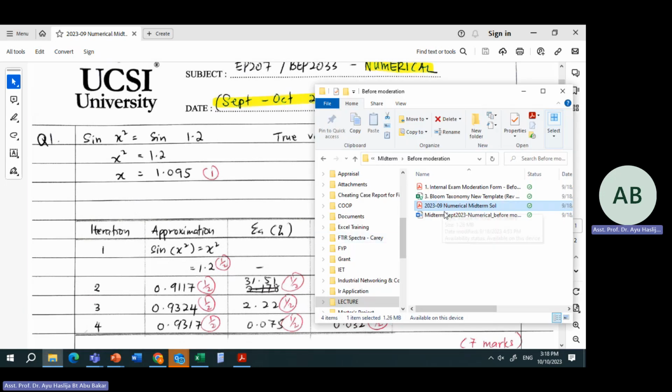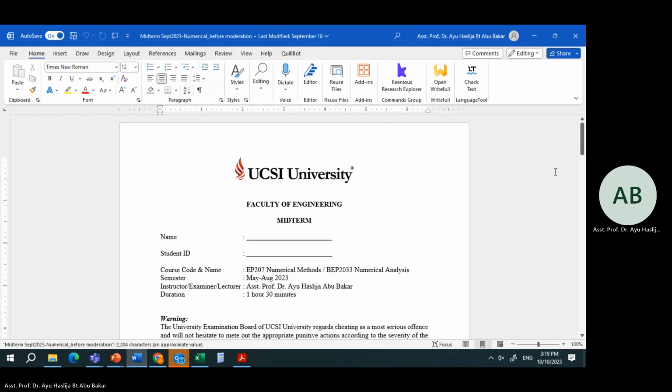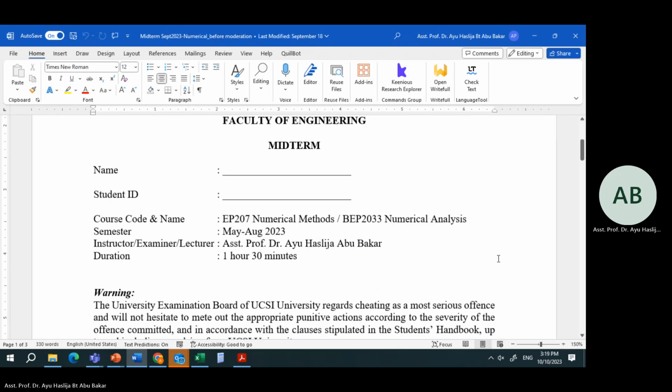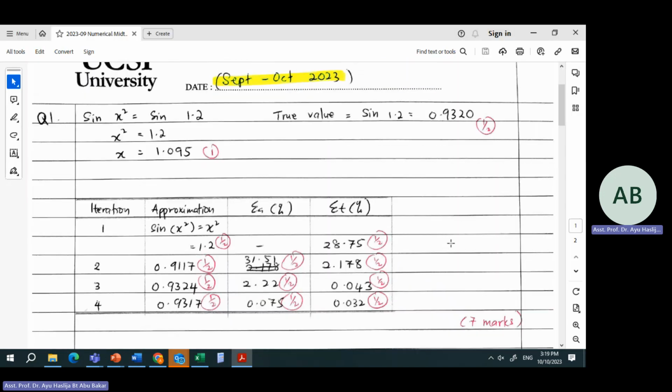Wait, let me share the question. Okay, until Es 0.5. So you must do the iteration according to the first term, second term, until you get Ea less than 0.5. So according to the scheme, it should be up to 4 iterations.